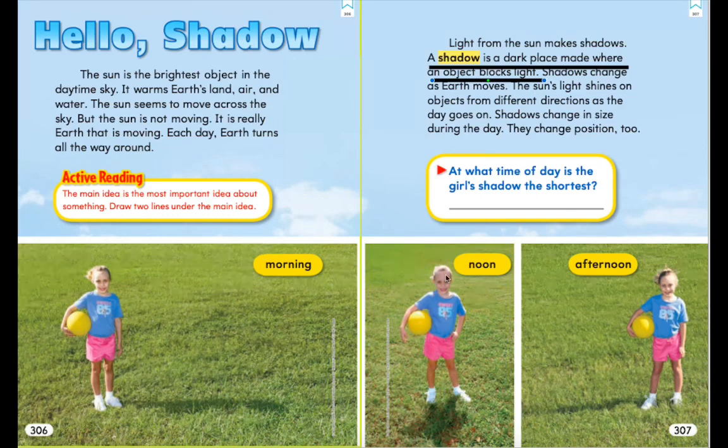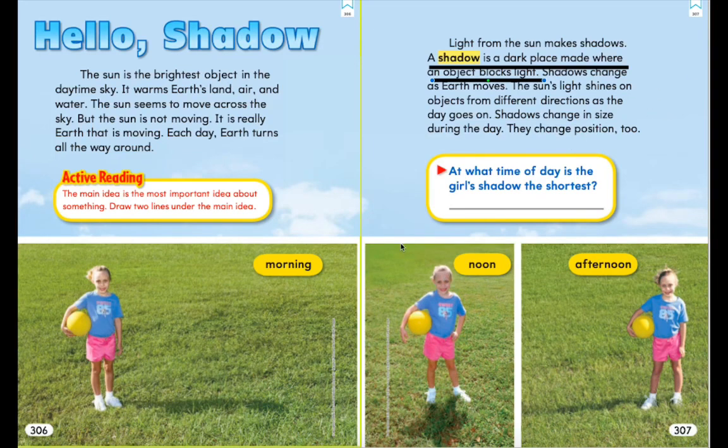This is an object. Anything which is blocking the light, any object, meaning things, like a ball, anything that blocks the light will make a dark place, and that dark place is called a shadow.